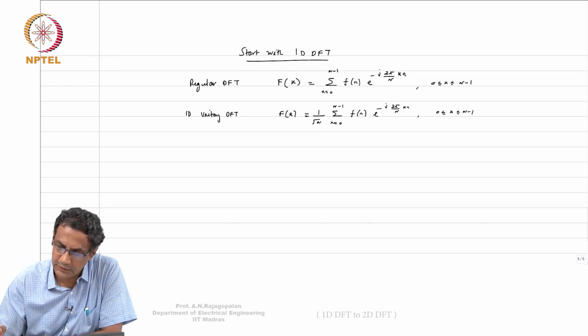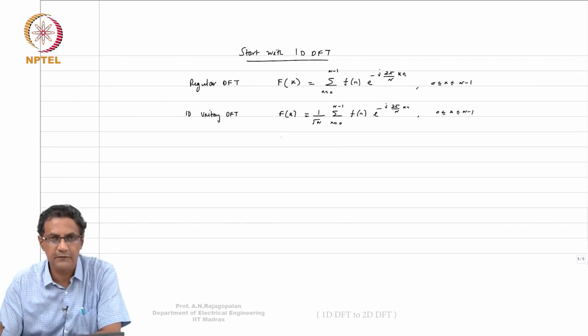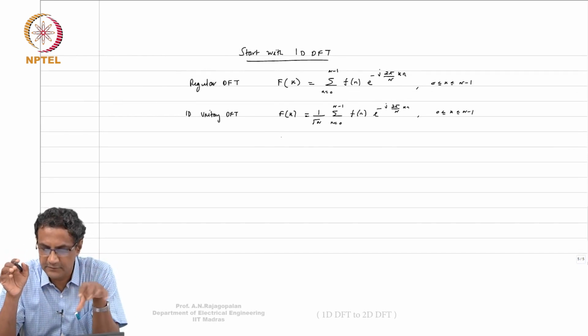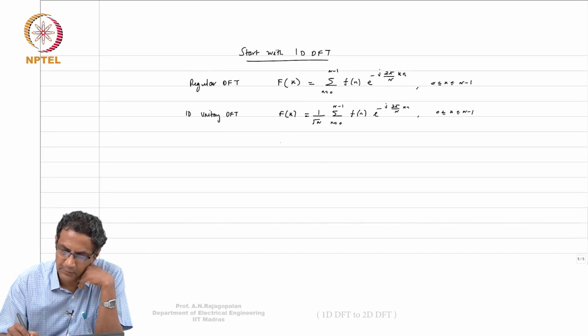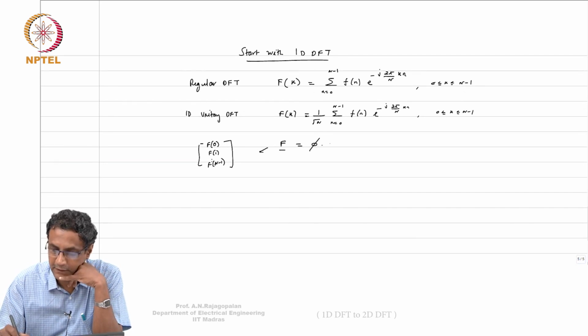Then, if you want to look at a DFT matrix phi, the same operation, we would also want to think about it as a matrix vector multiplication, because as far as possible we don't want to be dabbling with summations, since when you look at matrices there is a lot more structure to all of this. So we would want to look upon this as a vector F, which has all the transform coefficients F of 0, F of 1, up to F of N minus 1, and you want to express it as some matrix phi times small f.